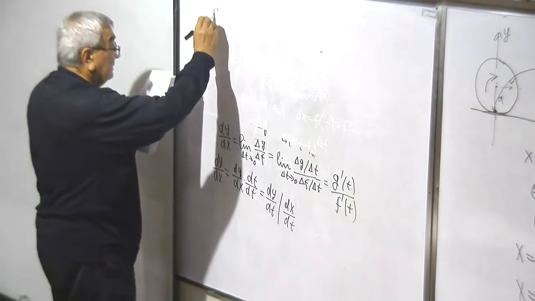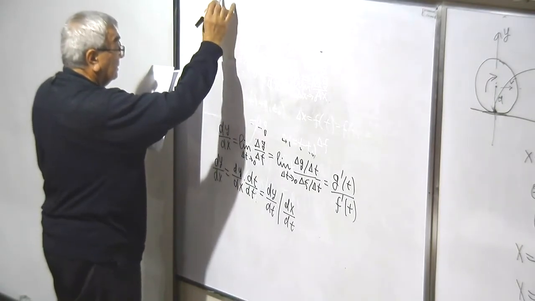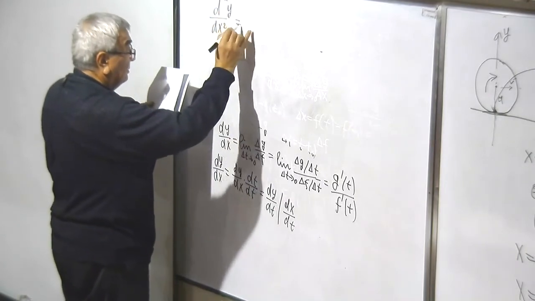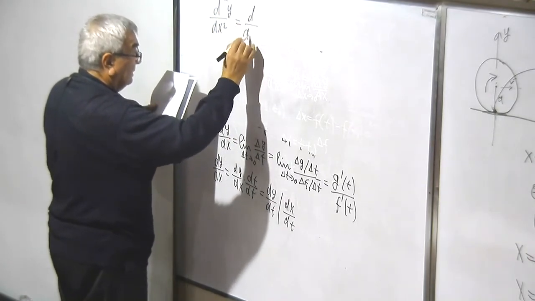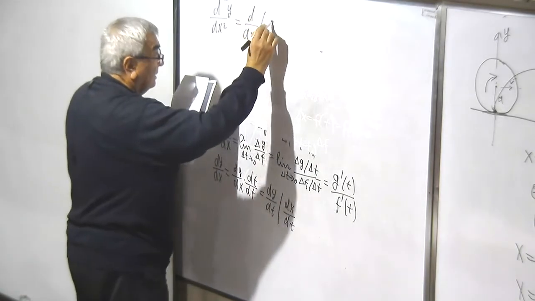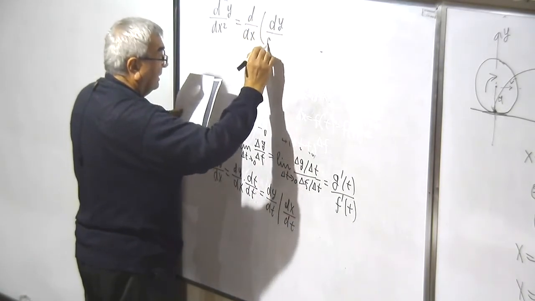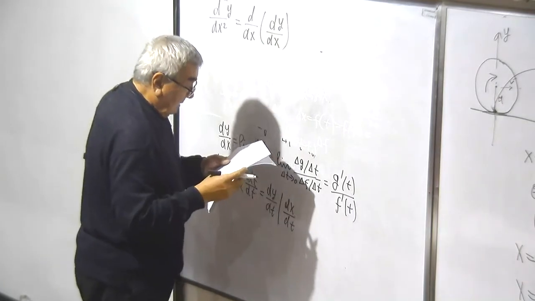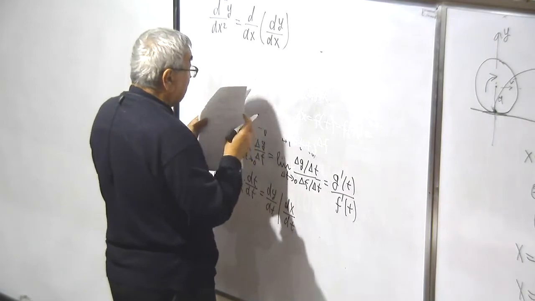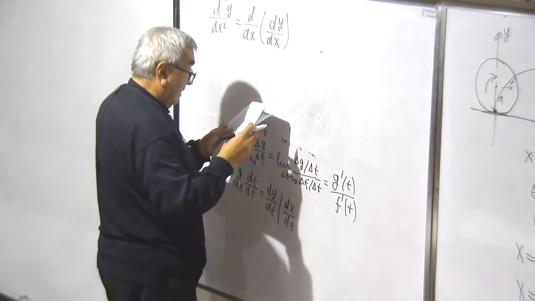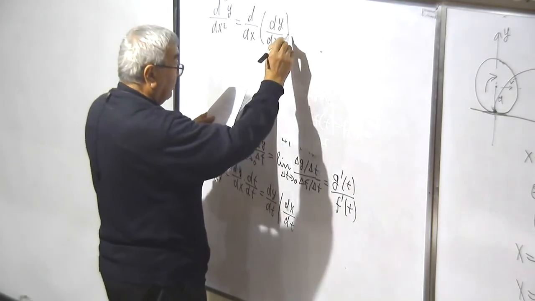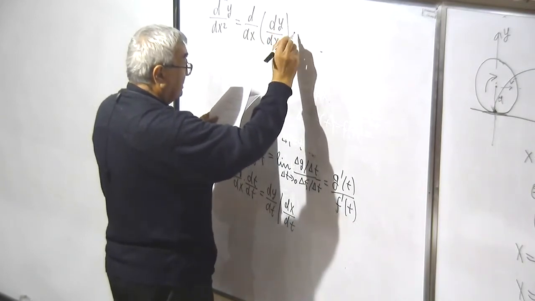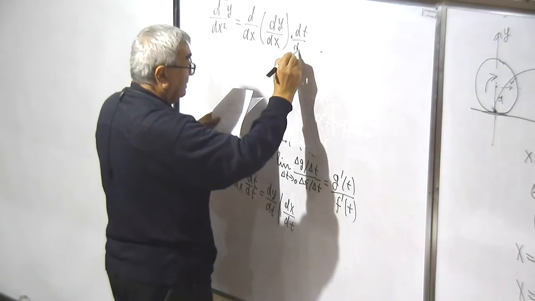The second derivative d2y/dx squared, it is possible to write as d/dx of dy/dx. Again, using the same things, this should be equal to the following. That means multiply and divide by dt. That means here's a dt and here's a dt.